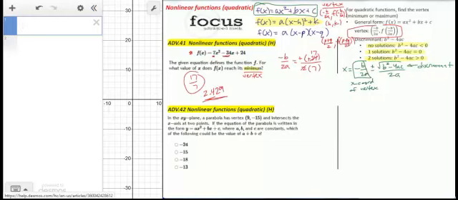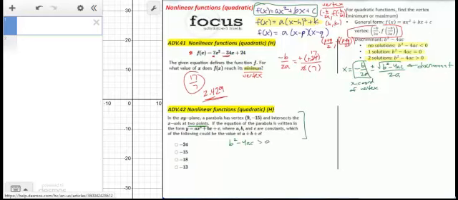So here, for a problem like this one right here, it's telling you that the parabola intersects the x-axis at 2 points. Okay, what that means is that the discriminant is going to be positive. So this means that b squared minus 4ac is going to be greater than 0.